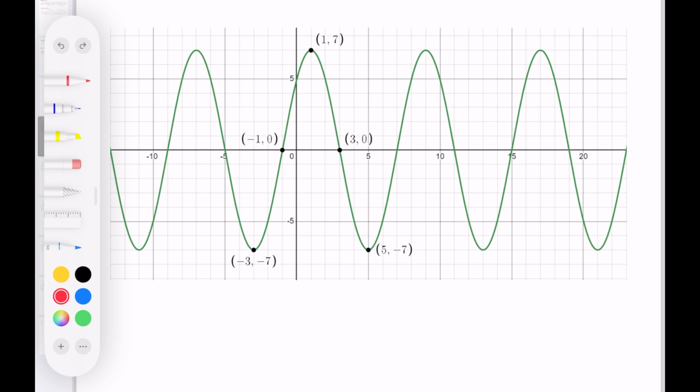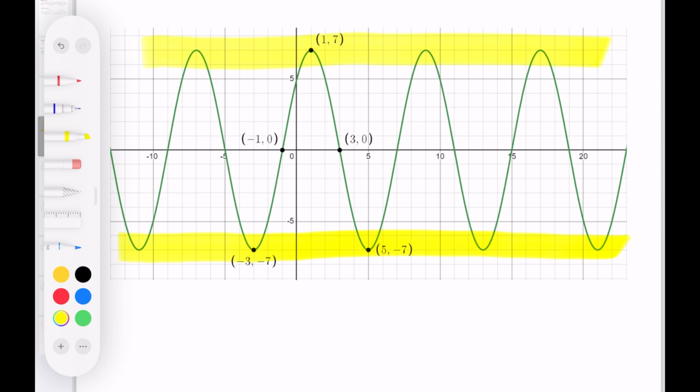In addition to those things, there are some other primary differences between the basic curves and the given sinusoidal. If you look at the basic curves again, those were bounded between positive 1 and negative 1. However, this curve is bounded above by positive 7 and bounded below by negative 7, which means the amplitude is different for this graph compared to the basic curves.